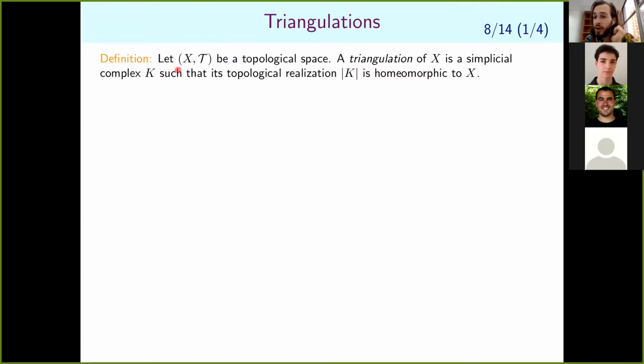Take a topological space (X, T). X is a set, T is a topology on X. A triangulation of my topological space X is a simplicial complex K such that the corresponding topological realization is homeomorphic to X.